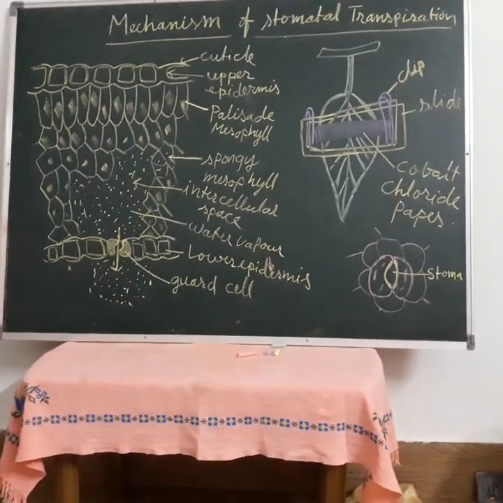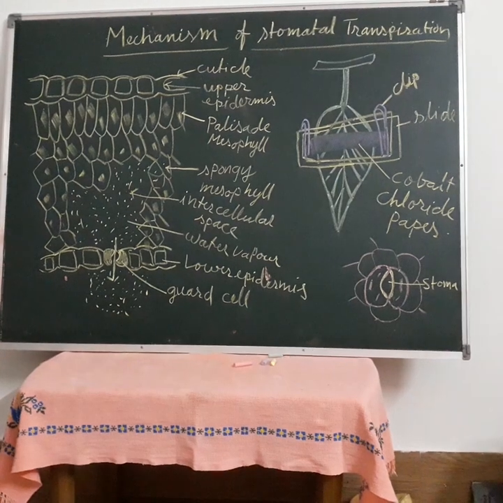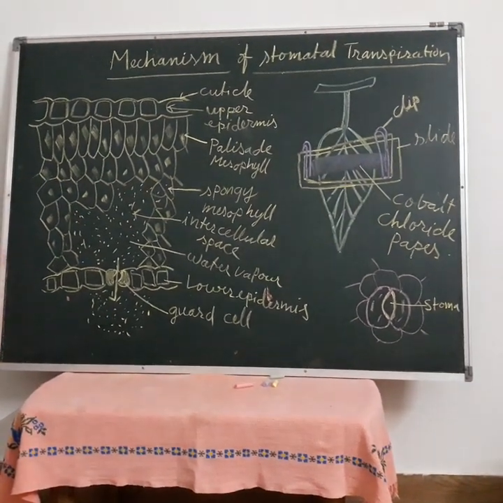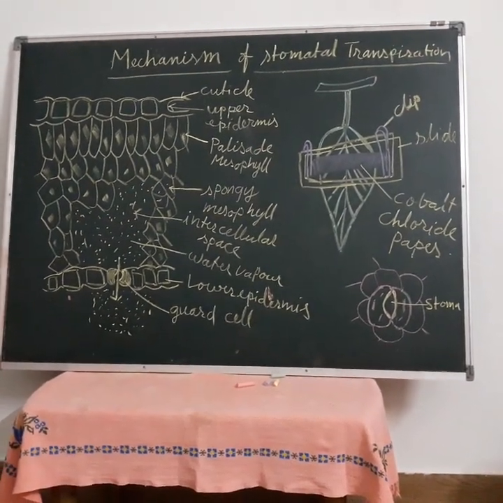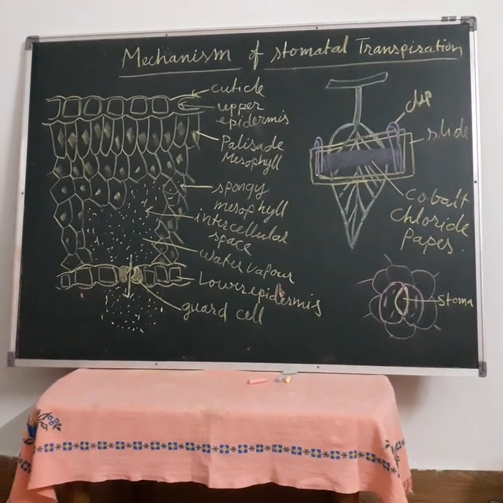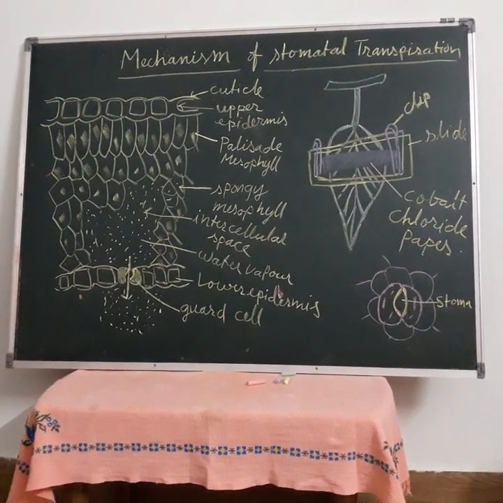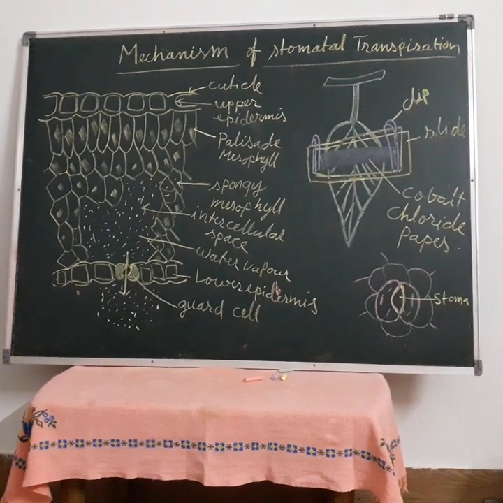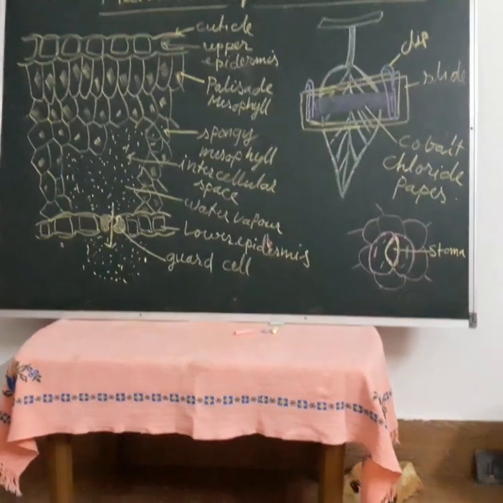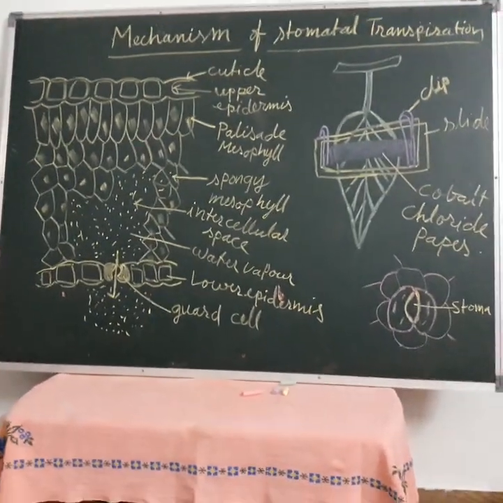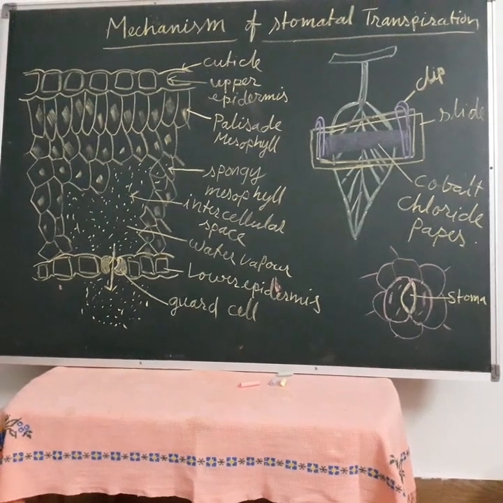Temperature. If the outside temperature is higher, there is more evaporation from the leaves, therefore more transpiration. Increase in temperature allows more water to evaporate and decrease in temperature reduces the rate of transpiration.